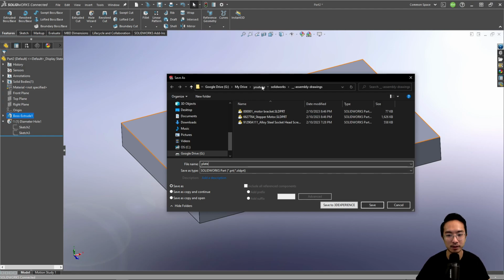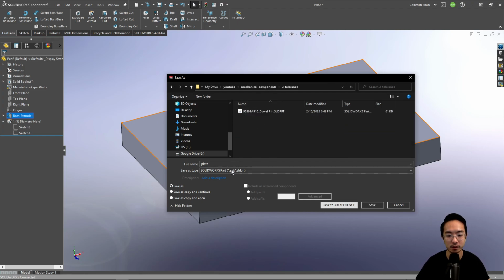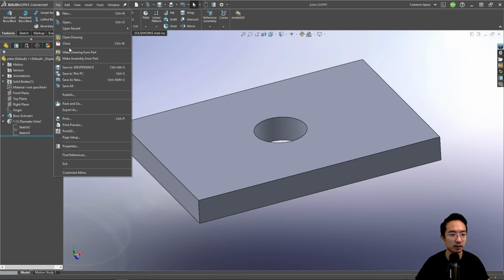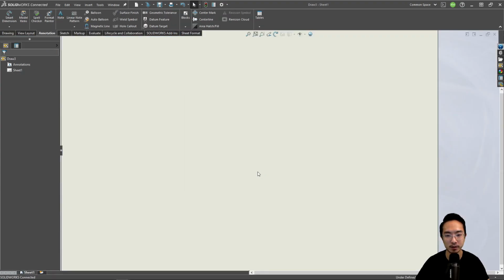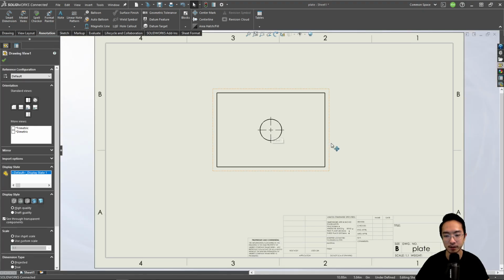Call this plate tolerance. Okay, I'm going to call this my plate. So if I go make a drawing from the part, I'll make it a B size. So if I put this top part here, right?